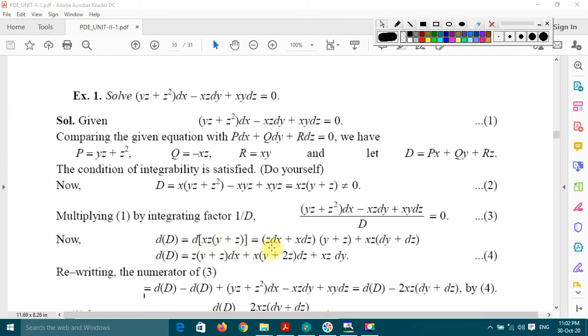So z dx plus x dz into y plus z and plus xz into dy plus dz, meaning the product rule we have applied here. Now compute the coefficient of dx, dy and dz. So the total differential of capital D is z into y plus z dx, x into y plus 2z dz plus xz dy.